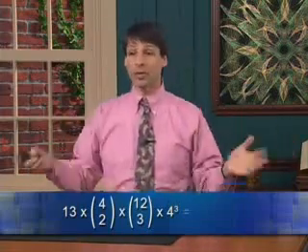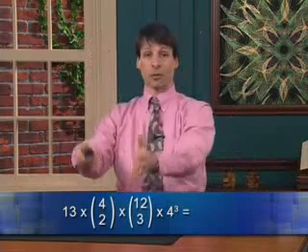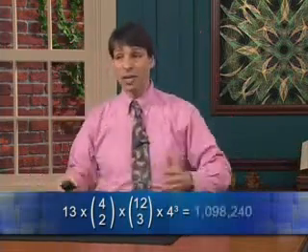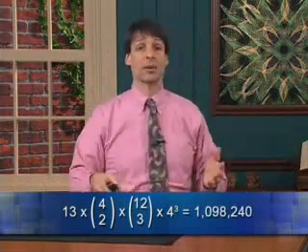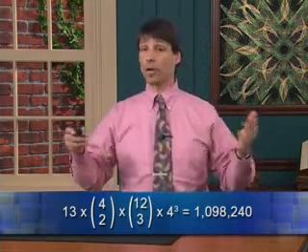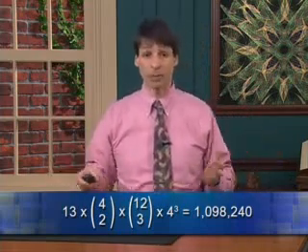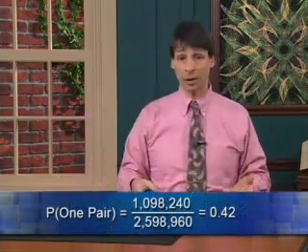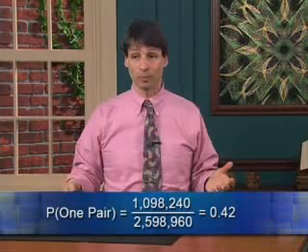Multiply all these numbers together, 13 times 4 choose 2 times 12 choose 3 times 4 cubed, and you get 1,098,240. When you divide that by the total number of poker hands, about 2.6 million, the probability of getting exactly one pair is 0.42.